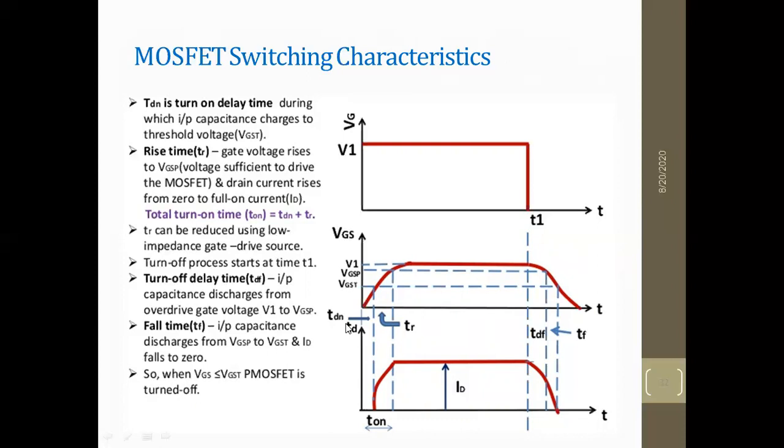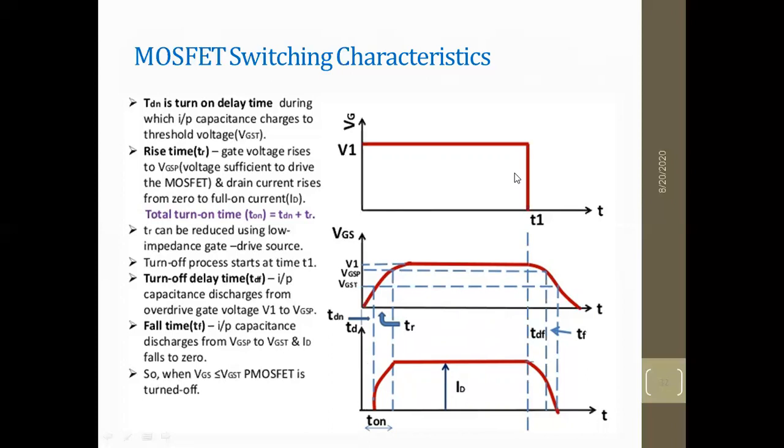Here, a gate to source capacitance is placed, and also a gate to drain capacitance, and another capacitance, the drain to source capacitance. In place of the voltage sources, we replace them with capacitance values.